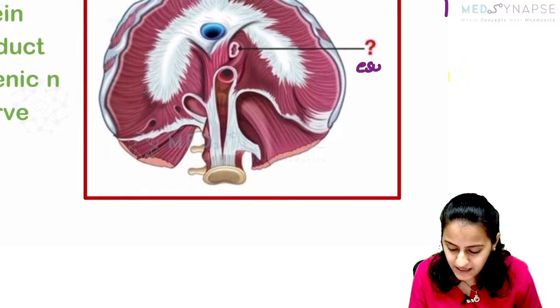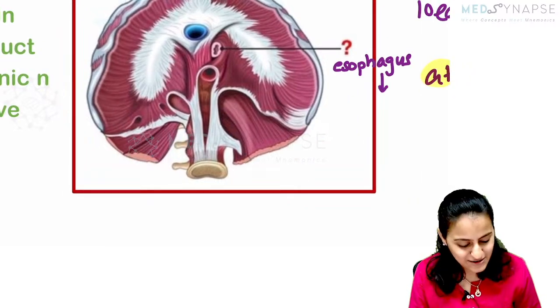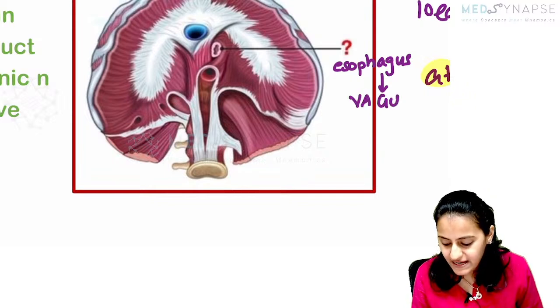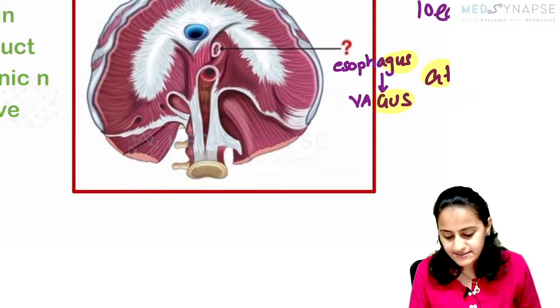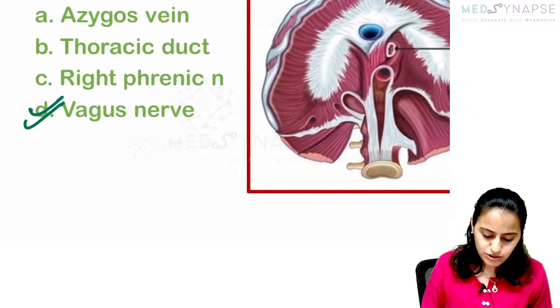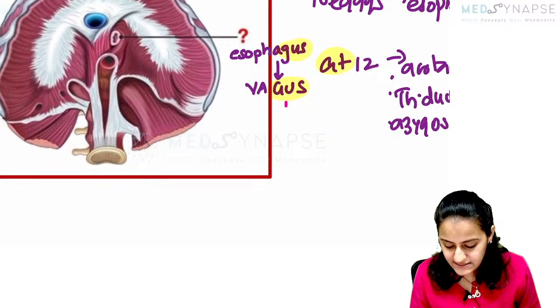So this opening is showing the esophagus, and remember that rhyming with esophagus is the vagus. What goes along with esophagus is the vagus. Vagus is the 10th cranial nerve.